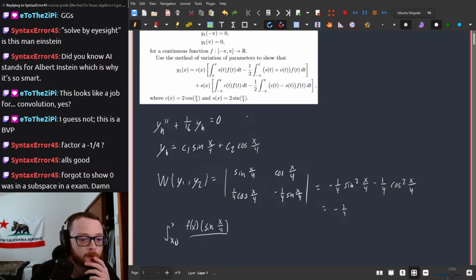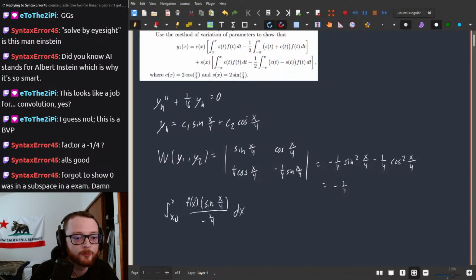Sine x over 4 over minus 1/4. Well, that's just, we don't really have to do much with this. We can't actually evaluate it. Maybe that's why Zach was saying something about convolution.